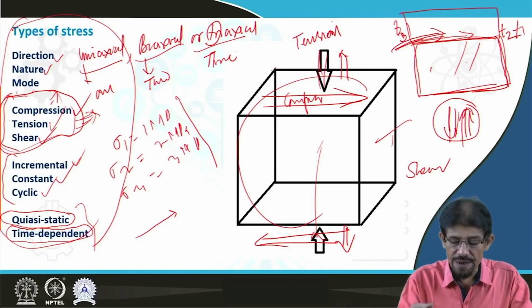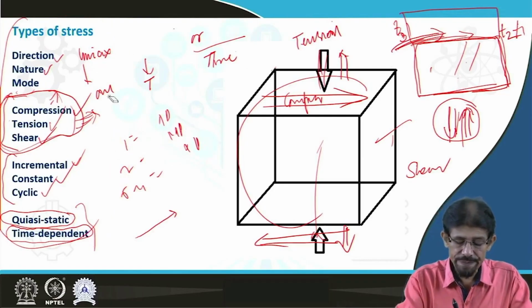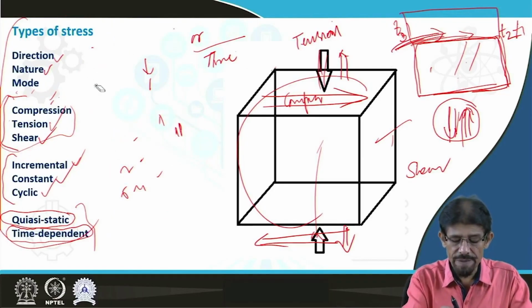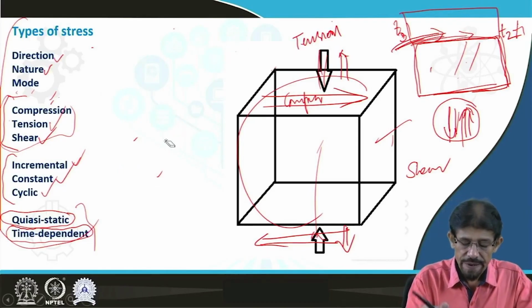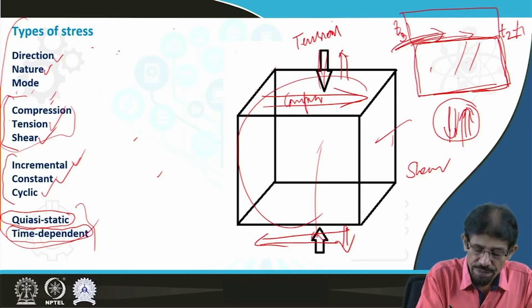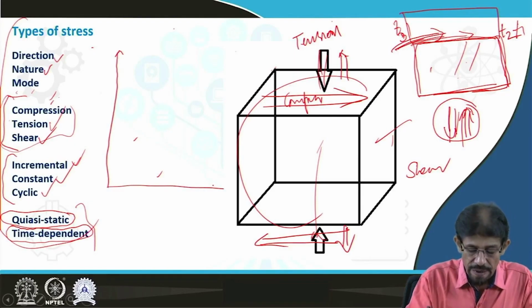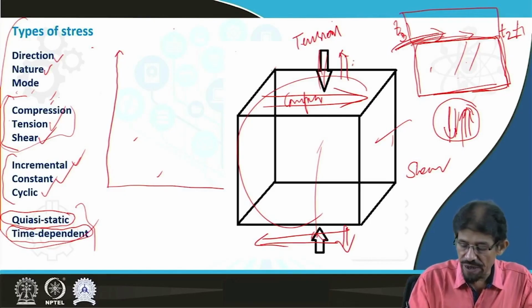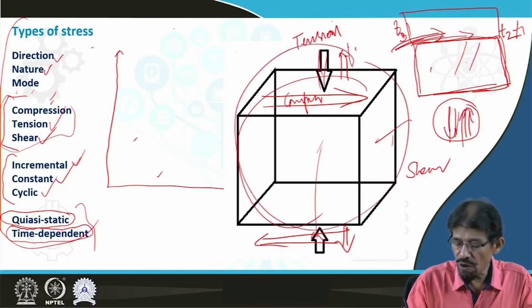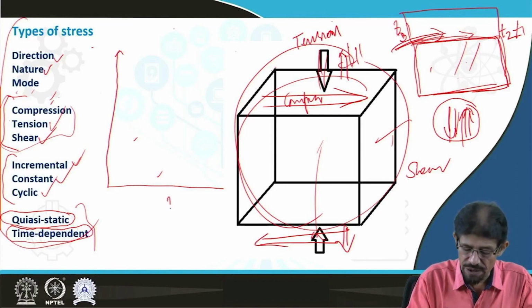There may be continuous increment in stress. If we are going to see an increment in stress, suppose this rock sample is subjected to incremental stress with respect to time.